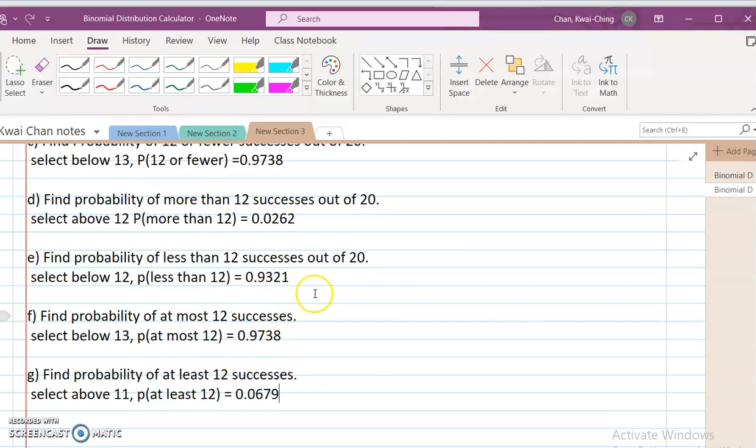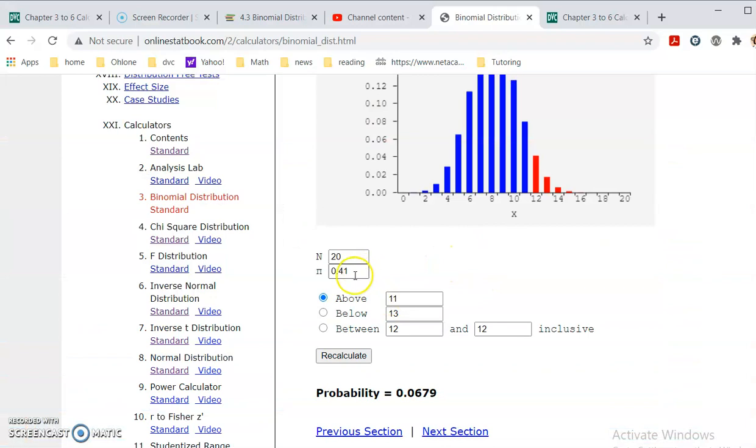Okay, so that's how we do it using the OnlineStatbook binomial calculator. It's easier to see because you know exactly which one you are selecting. But the only drawback is the probability of success in one trial can only be 2 decimal places.